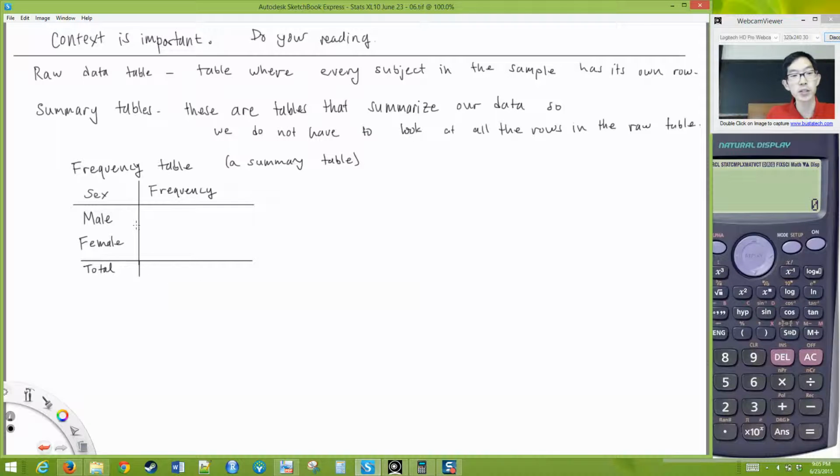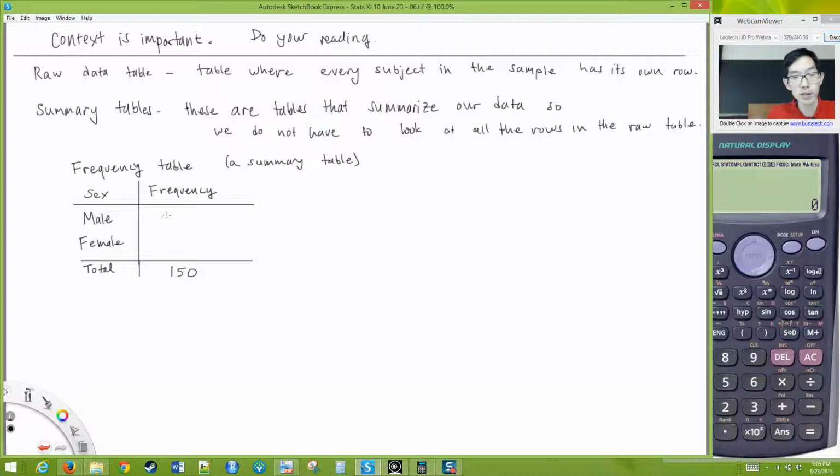And so what it does is it goes through our raw data table and it counts how many males there are, how many females there are. How many people did I supposedly gather information on in our raw data table? In the previous page I said supposedly there would be 150 people. So the total will be what? 150, okay?